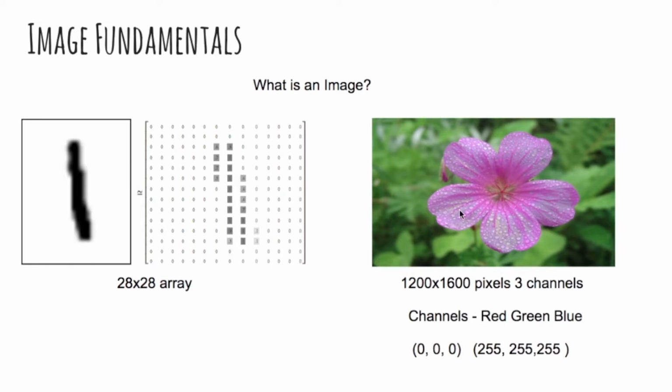On my right, we can see a flower picture. It's an image of 1200 by 1600 pixels with 3 channels, which are red, green, and blue.